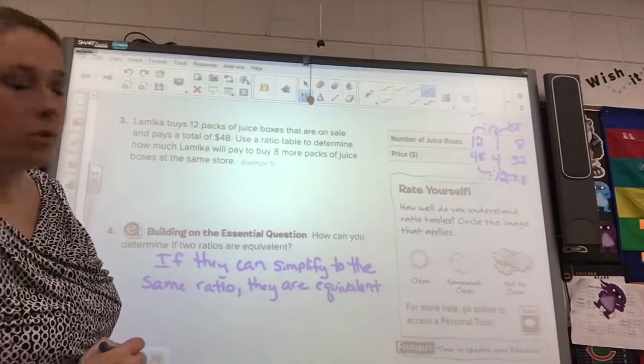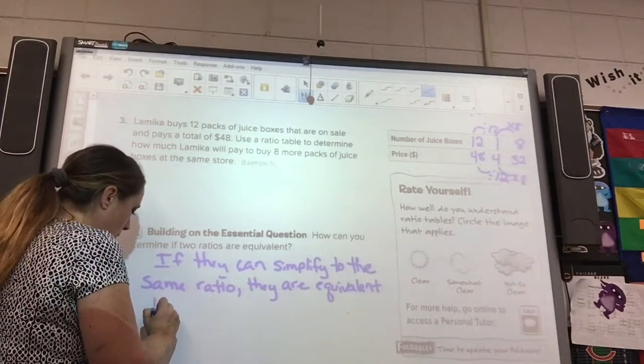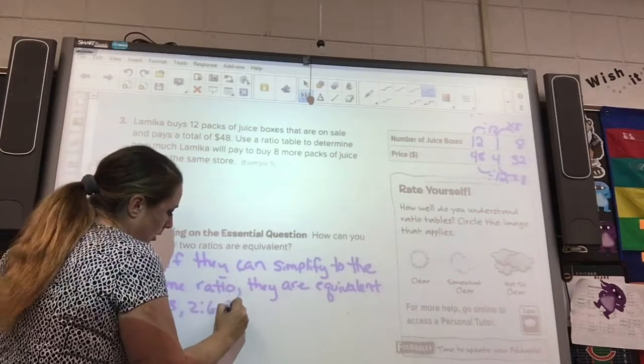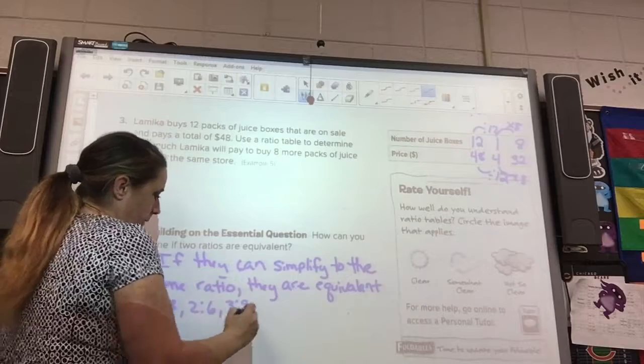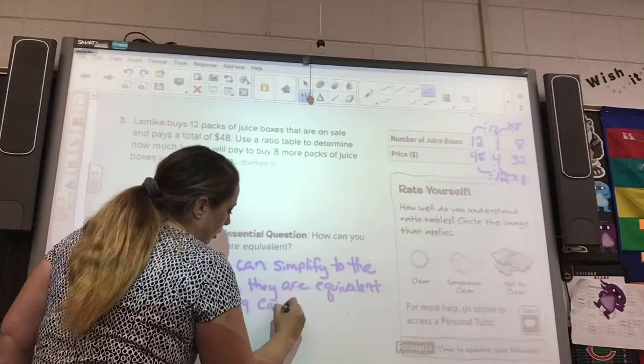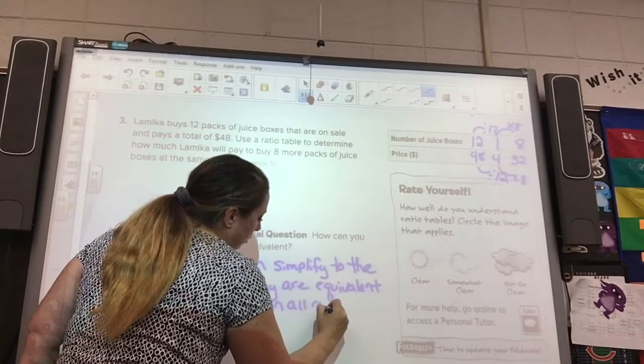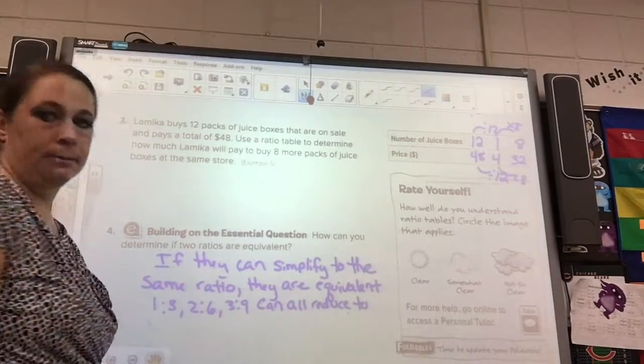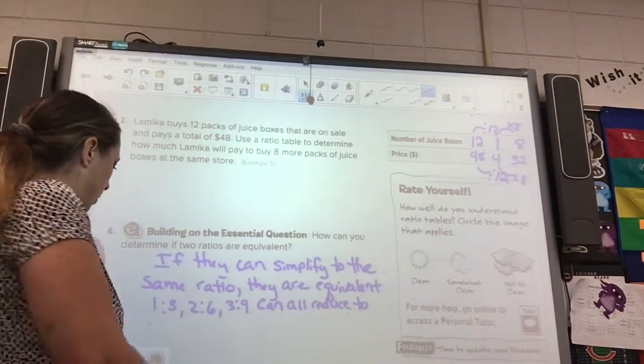They gave us 1/3, 2/6, and 3/9. 1/3, 2/6, 3/9 can all reduce to what? 1/3.